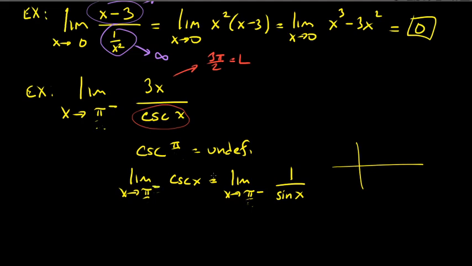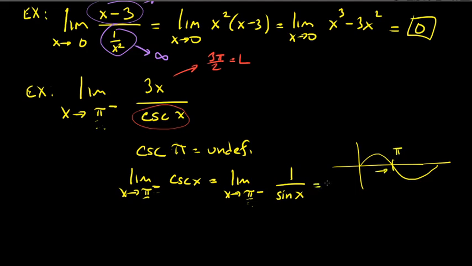So we're still approaching from the left. But yeah, erase this here. Cosecant of pi is undefined. Sine of pi is 0. So this is like 1 over 0, which of course is undefined. But in the limit, if this is the sine function, and we're approaching pi from the left side, then it's approaching 0 from the positive side.